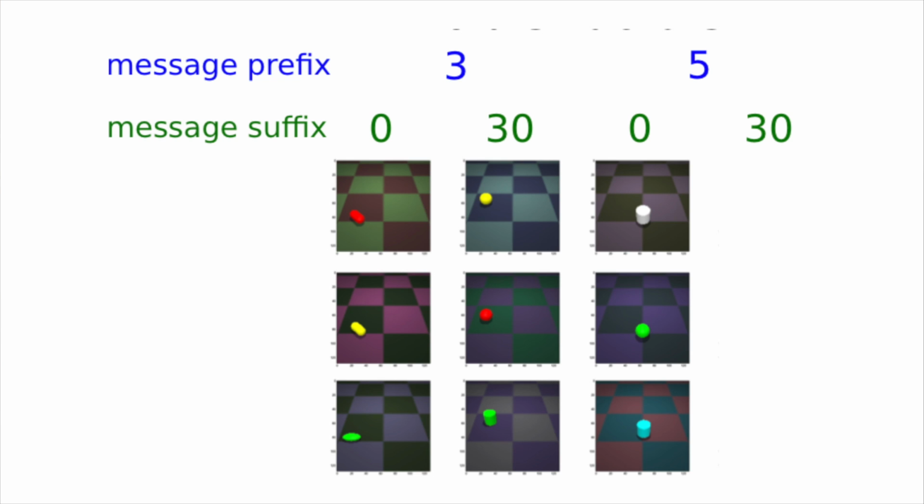And if we look, the objects with a suffix of 0 are both kind of the same location up and down, but the prefix of 5 versus 3 is sort of shifting where they are horizontally, right? And then we've got 5 and 30.